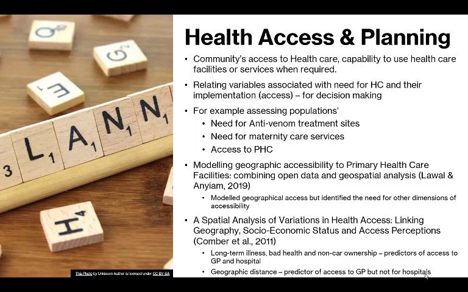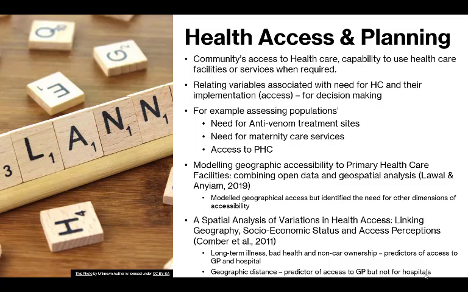So, that was an example of work that I did with a colleague from the University of Port Harcourt Teaching Hospital, which was published in 2019. We looked at geographic accessibility to primary health care, specifically for Akwa Ibom State, and we modelled geographical access.